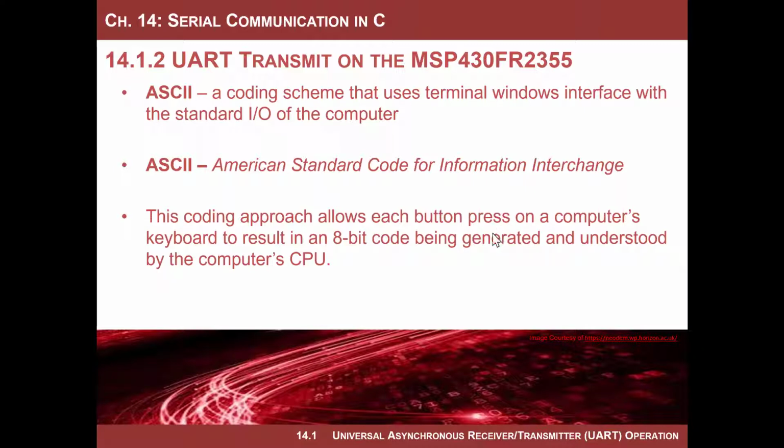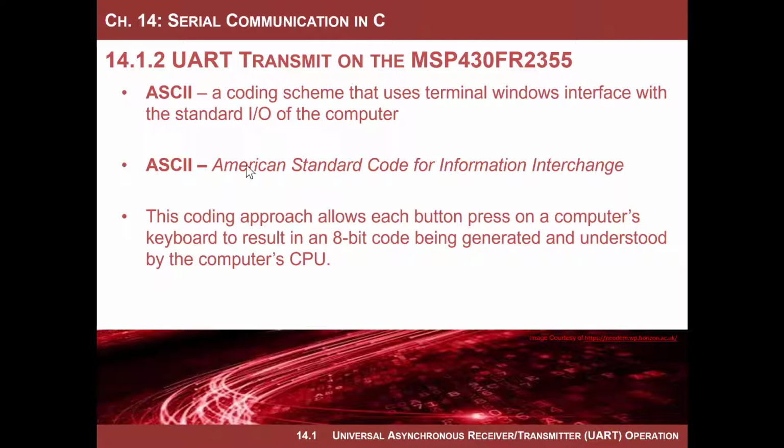So now we have to move up, and we're not sending ones and zeros. Well, we are sending ones and zeros, but we need to think about what a character is. There's a standard called the American Standard Code for Information Interchange, which is called ASCII.